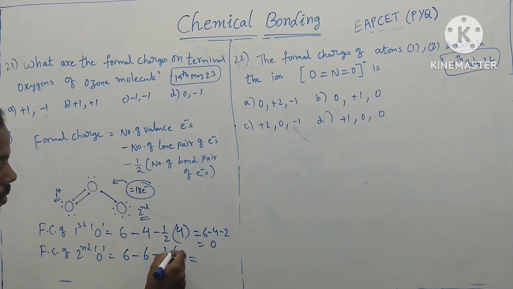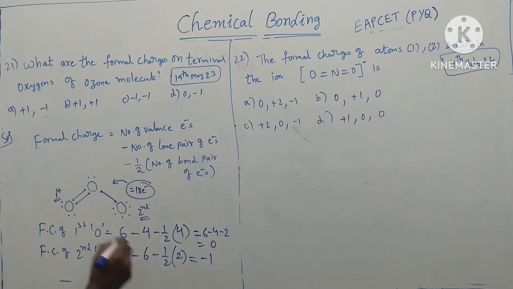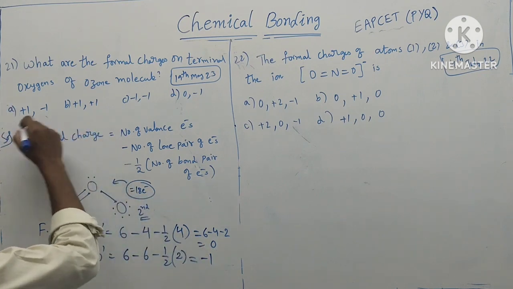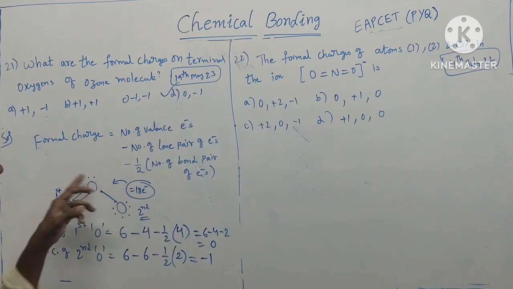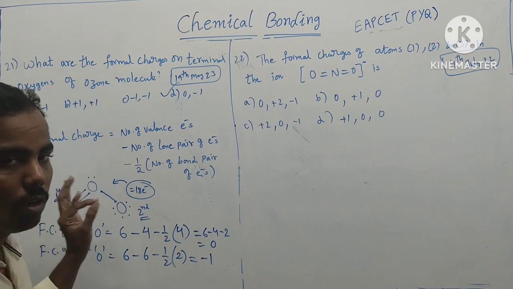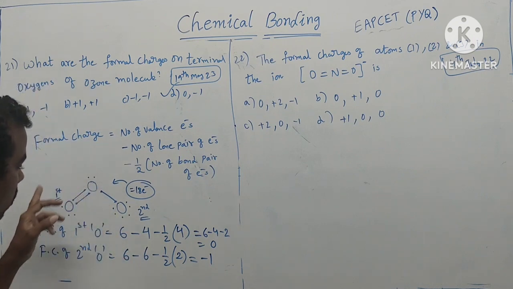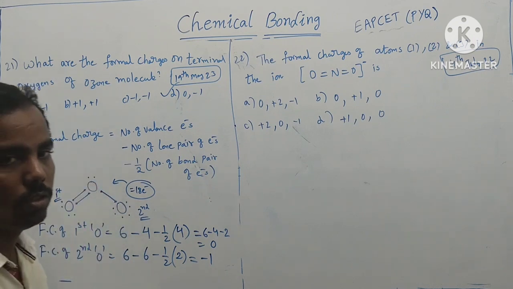So 6 minus 6, 0, 0 minus 2 by 2, minus 1. So the answer is 0 and minus 1, answer D. We calculate the formal charge based on the Lewis dot structure.